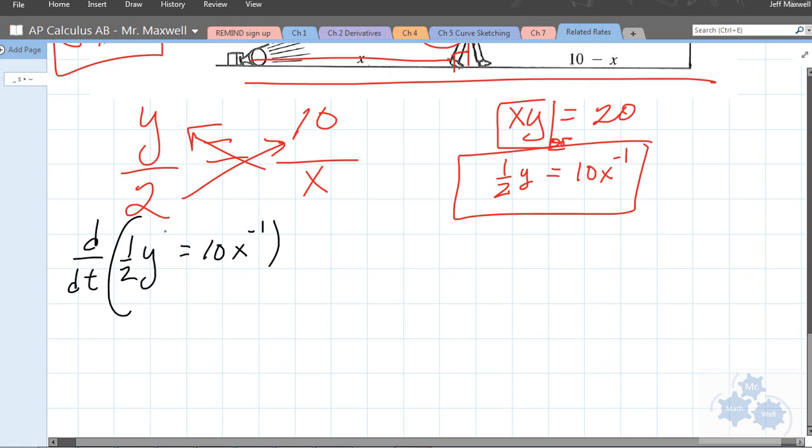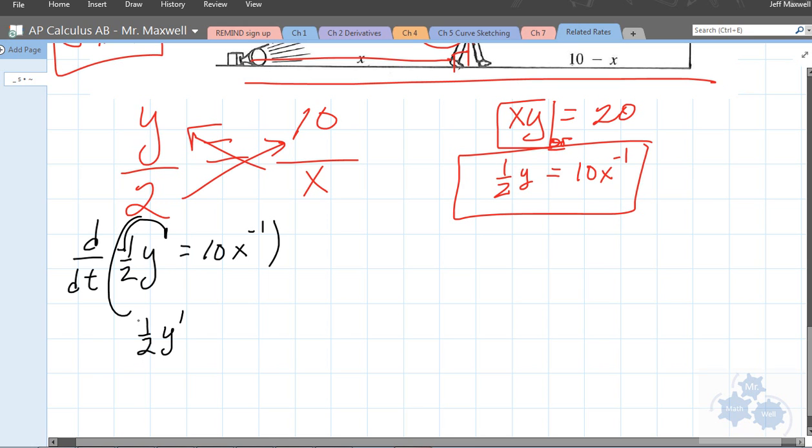This is like y to the power of 1, so that's 1/2 times y to the 0 times y prime. So it's just basically 1/2 y prime.